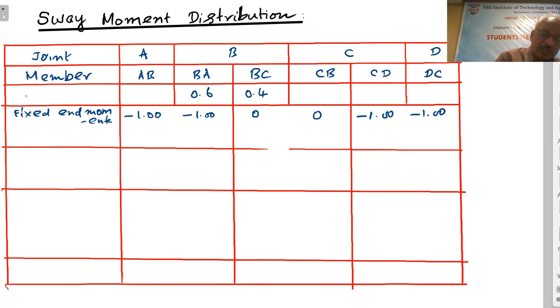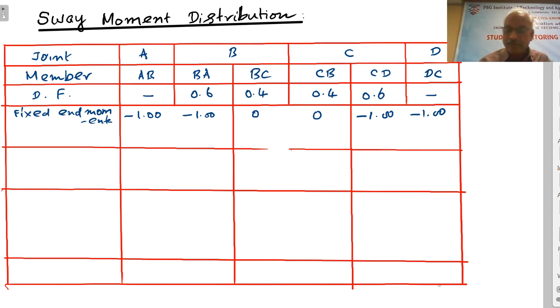So from the earlier tabulation we have to take the distribution factors. So same values, distribution factor will be same, and for this member it is 0.4, this is 0.4, and this is 0.6 from the distribution factor calculation table. Right. So these are the values for which you have to carry out one more moment distribution.